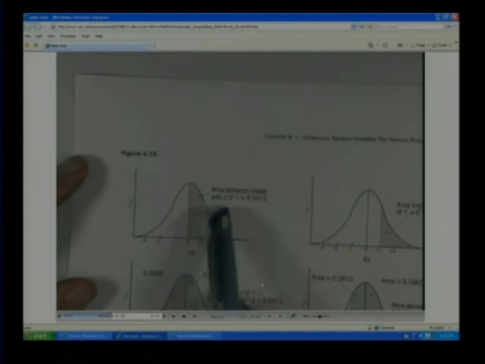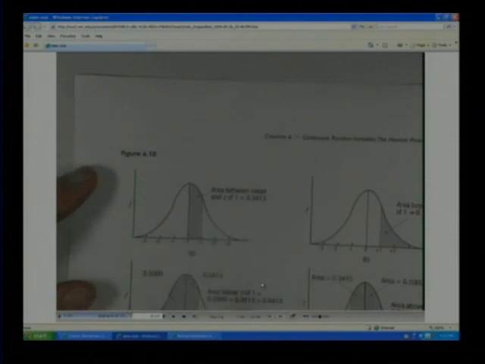The area between the mean and a z of 1 is going to be 0.3413. And that makes sense. That's what we said earlier. This is symmetrical, so on this side over here, we've got 0.3413.